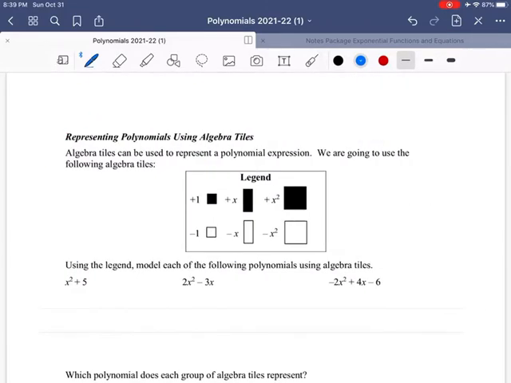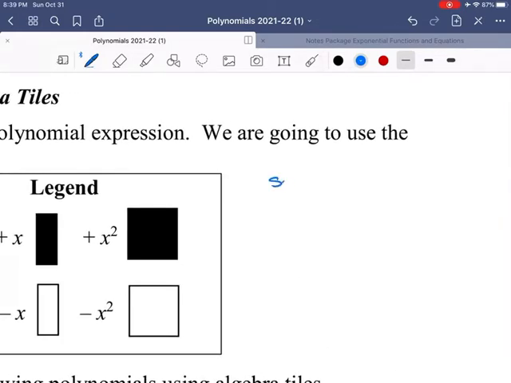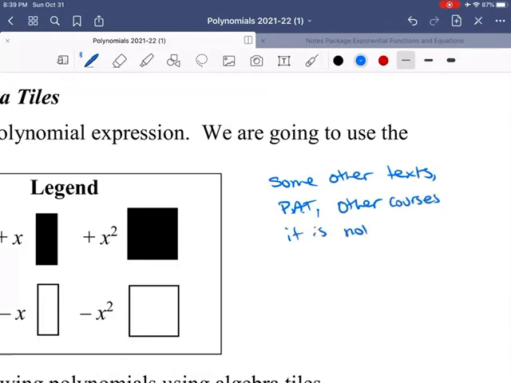Okay, let's try some representing with algebra tiles. Now, we're going to use this legend, meaning that the positive values are black and the negative values are white. In some other texts, on other exams, other courses, it is not limited to black and white.